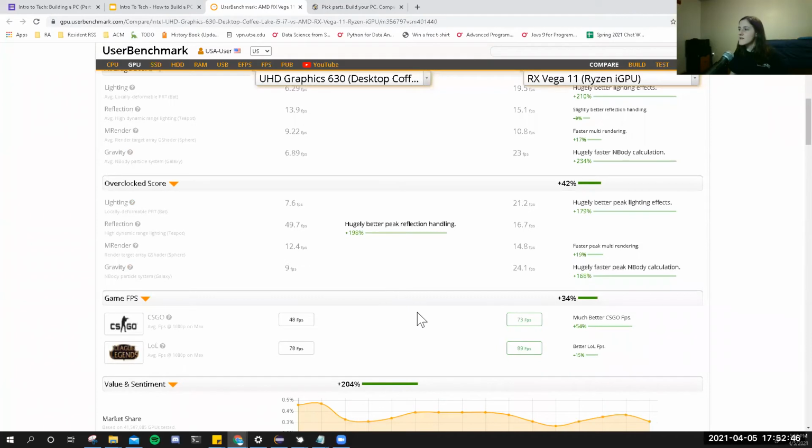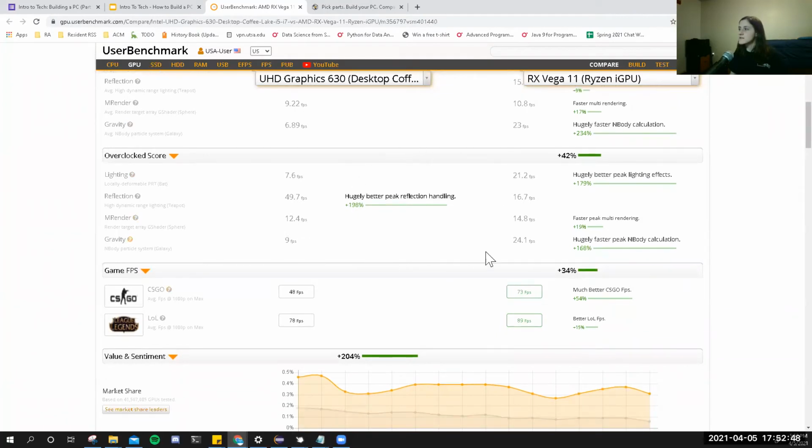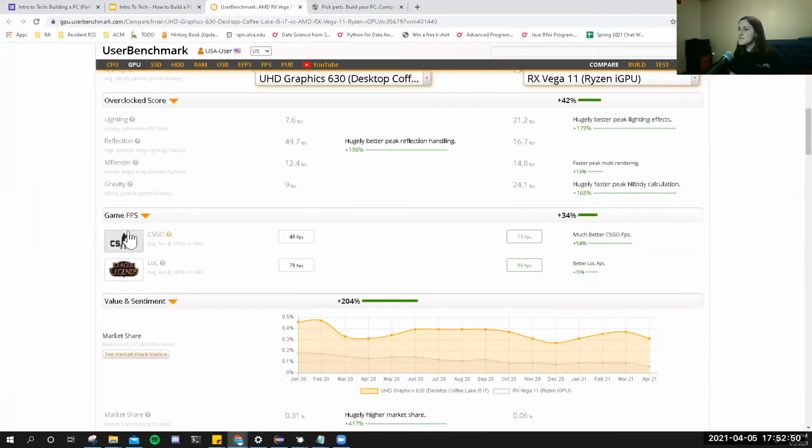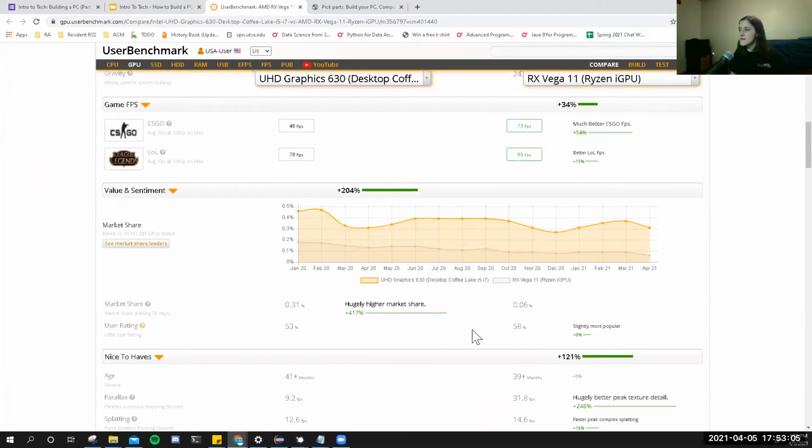You see that the Intel graphics do win some categories, but we see here on these games frames per second, like 50 frames per second and 80 frames per second, versus with the Ryzen, we get 73 and 89 frames per second. So we have a little bit of improvement there.